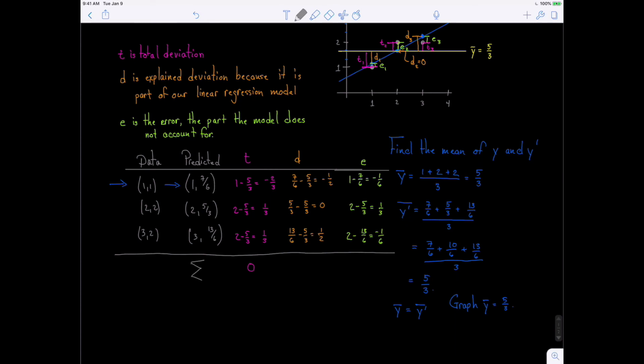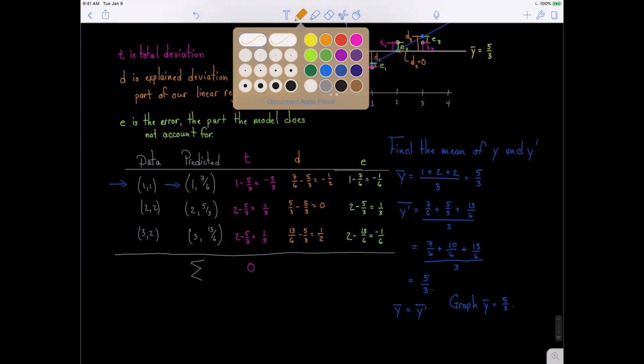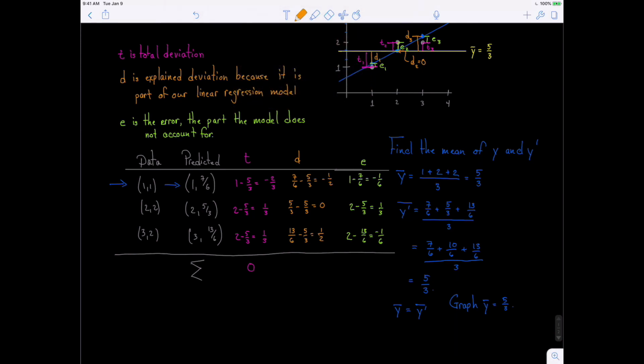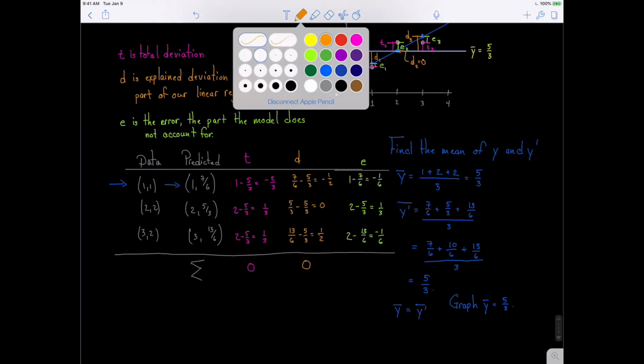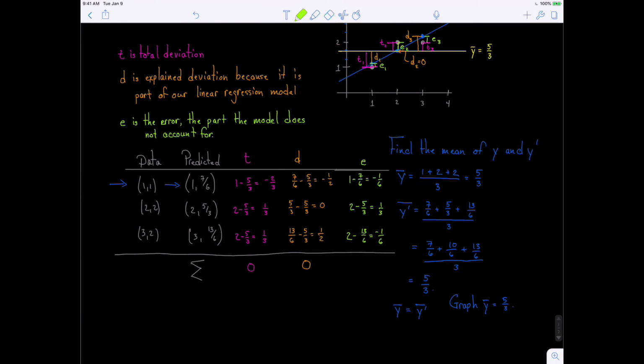And then let's add up our explained distances. Well, I have minus a half plus a 0 plus a half. That's also a 0. And if we add up our errors, I have minus a sixth minus another sixth. Well, that's minus 2/6, which is minus 1/3, but I have plus a third. And look at that. The sum of all of these deviations or residuals is 0.